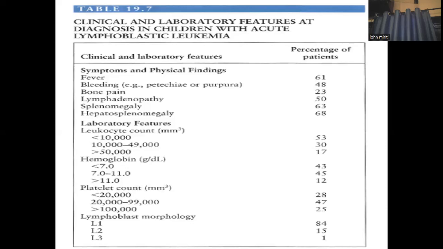Then the laboratory features: the patient has a leukocyte count of less than 10,000 in most of them, 53%, others have 10 to 49, others have more than 50, 17%. Hemoglobin is always less than 7, and the platelet count is less than 20 in most of them, and you know that the normal platelet count is 150 to 300. Then the lymphoblast morphology is obvious.